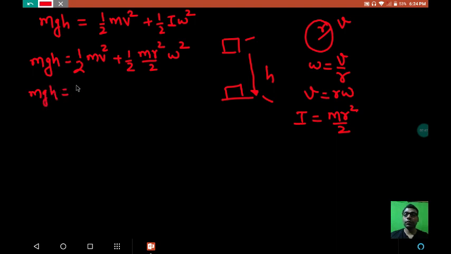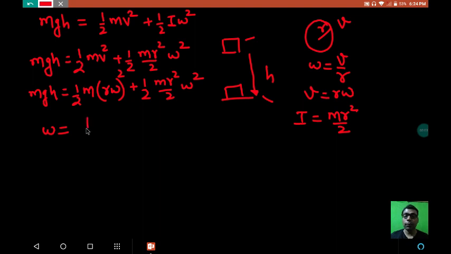So mgh equals 1 by 2 m, we put the velocity as r omega, square, plus 1 by 2 Mr square by 2 into omega square. Simply solve this equation and from here we can easily get omega equals 1 by r under root of 4gh by 3. So this is the option.